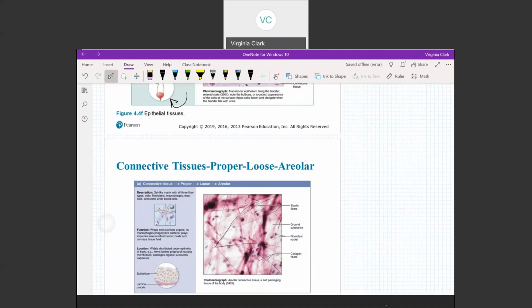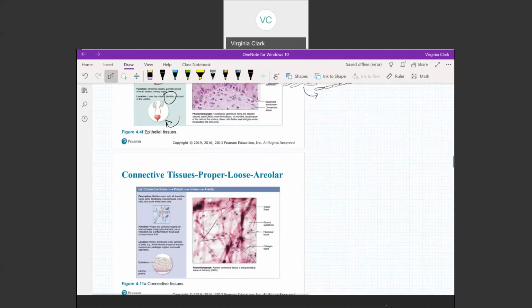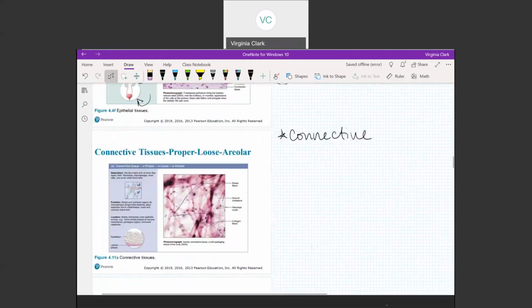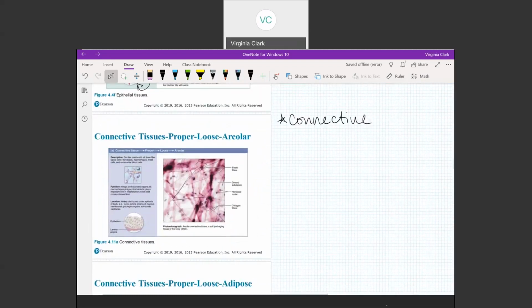The next type of tissue we're going to have is going to be connective. So just like epithelial, we're going to go through some of the main themes of these connective tissues. This is actually the most abundant and widely distributed type of tissue. The overall function for this type of tissue is support.